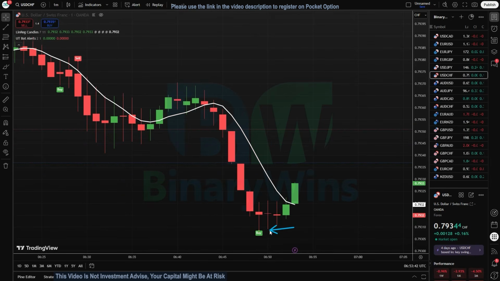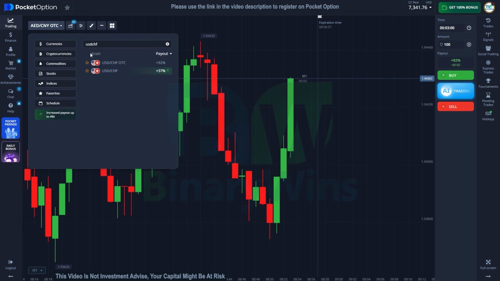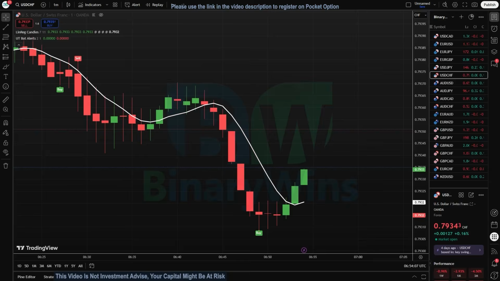If you look, we have a buy signal on the USD/CHF currency pair and the green candle is above the moving average. I find this currency pair in the Pocket Option. Since its profit is low, I won't use this signal.